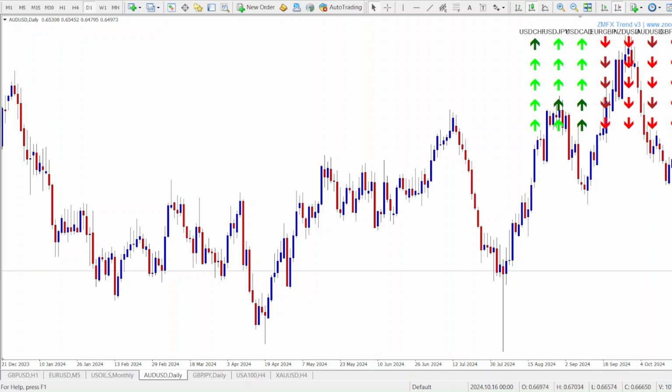That means the MA is simply bullish for the USD/CHF, but this lime color shows that it's a strong bullish signal. So in this situation, the MA is slightly bullish for USD/CHF, strongly bullish for USD/JPY, strongly bullish for USD/CAD.